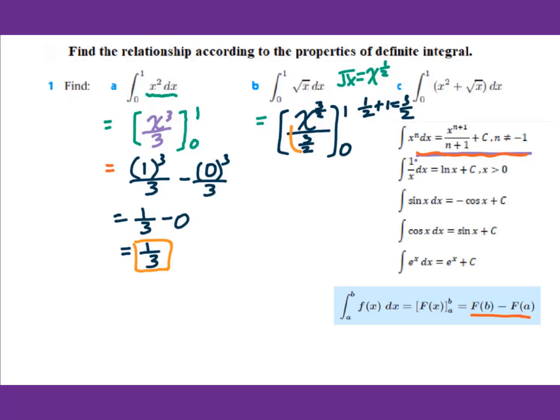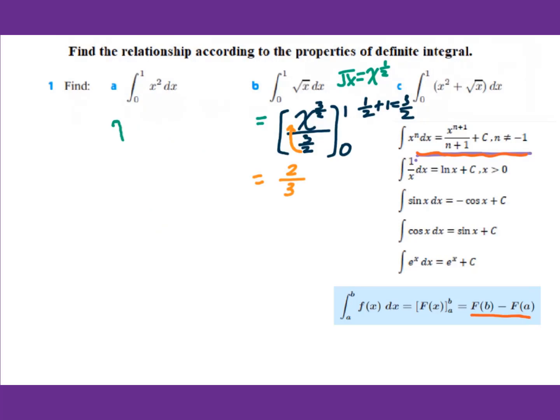This is a complex fraction, so we flip the denominator. Let's organize that. So 2 over 3. For x to the 3 over 2 power, we know that is the square root of x to the third power. Then simplify, we get x square root of x, so we get 2 over 3 x square root of x from 0 to 1.